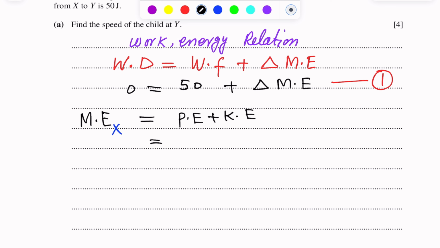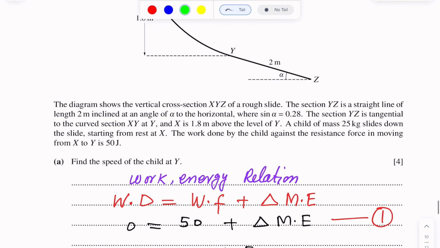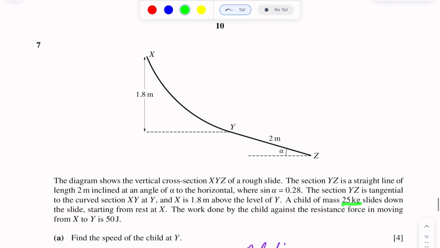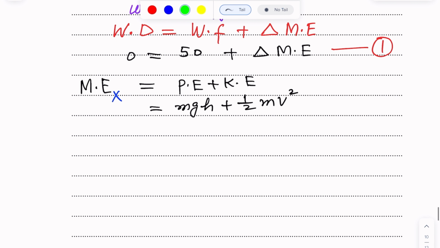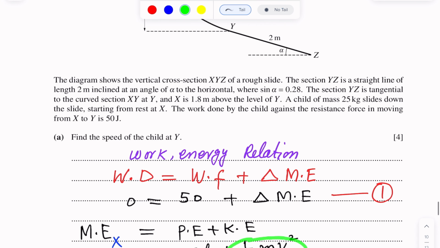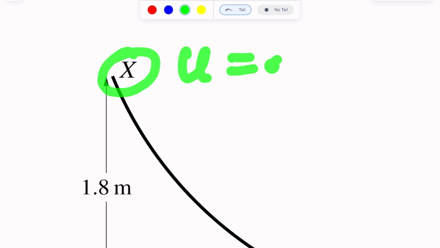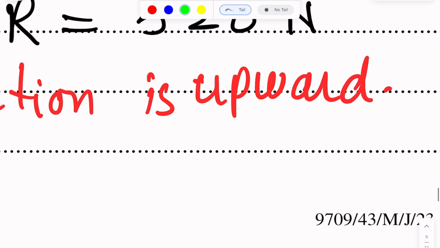Potential energy is mgh, kinetic energy is 1/2 mv squared. Now the mass of the child is given, that is 25 kg, and the height from X to Y is given, that is 1.8 meters. So putting in values, kinetic energy at point X will be 0, because the speed at X, u, is equal to 0, since it starts from rest.